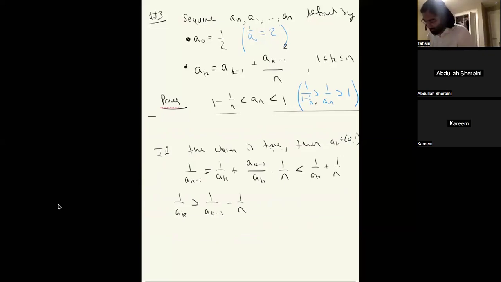And so in particular, 1 over an is greater than 1 over a0 minus n times 1 over n, by induction or something, which in this case is just 1. Does it make sense?